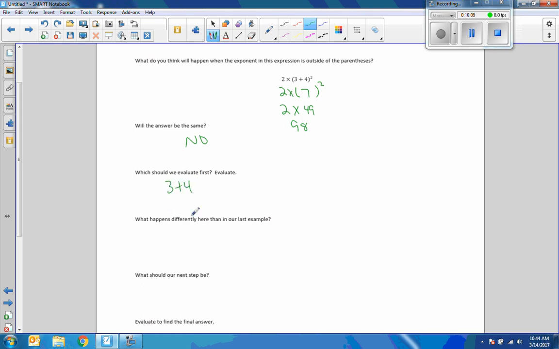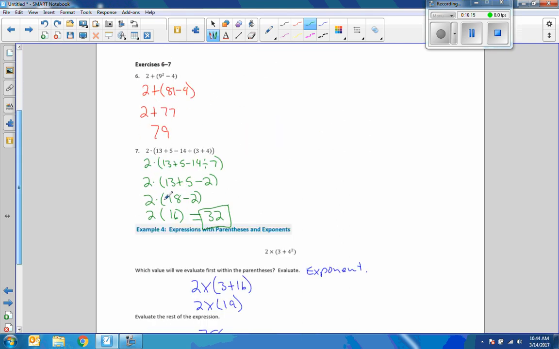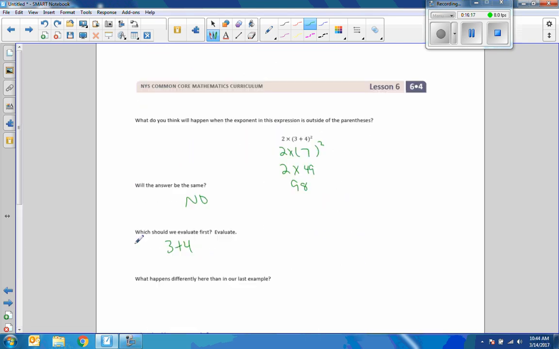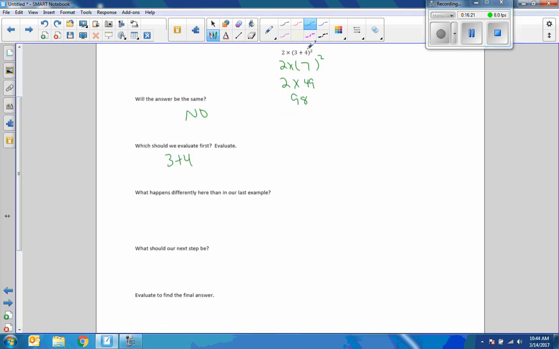Which would we evaluate first? 3 plus 4. What happens differently here than in our last example? Well, in our last example, we squared the 4 first, because there was no parentheses, it was just the 4 squared. Here we are squaring the sum of 3 plus 4.